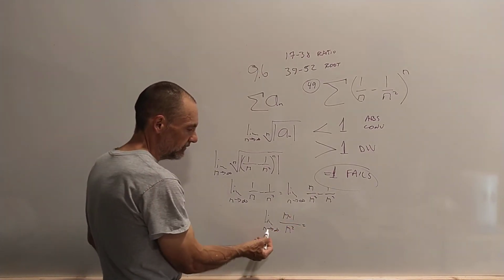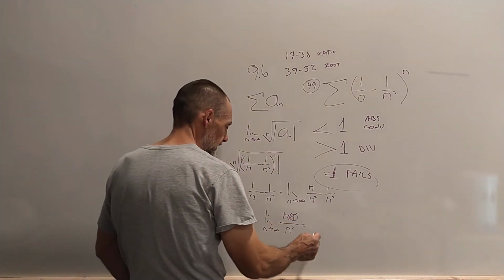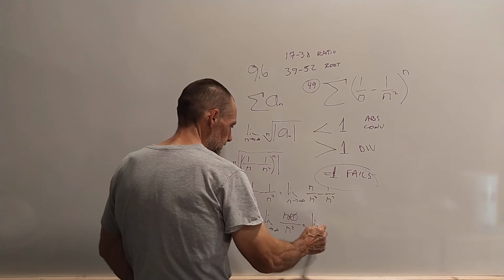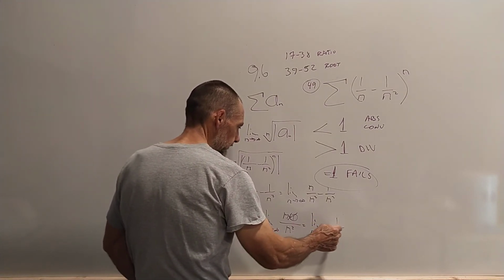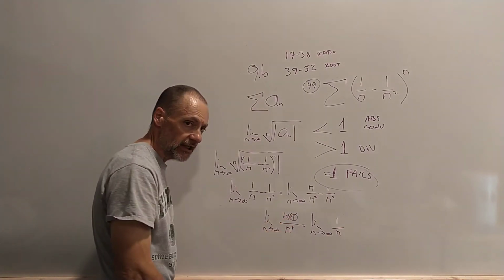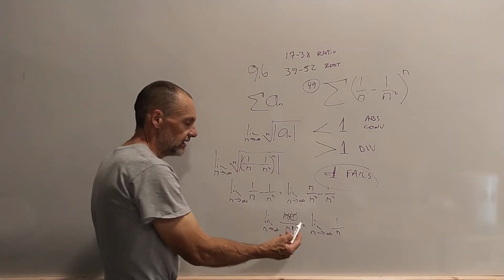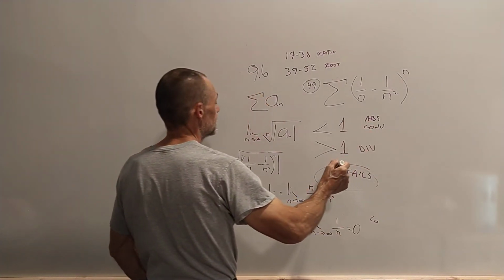And since we're going to infinity, we can just forget the negative 1, okay? So this is basically the limit as n approaches infinity of 1 over n, because the n cancels with one of the n's in the square. And this limit is obviously 0, so this thing converges absolutely, right?